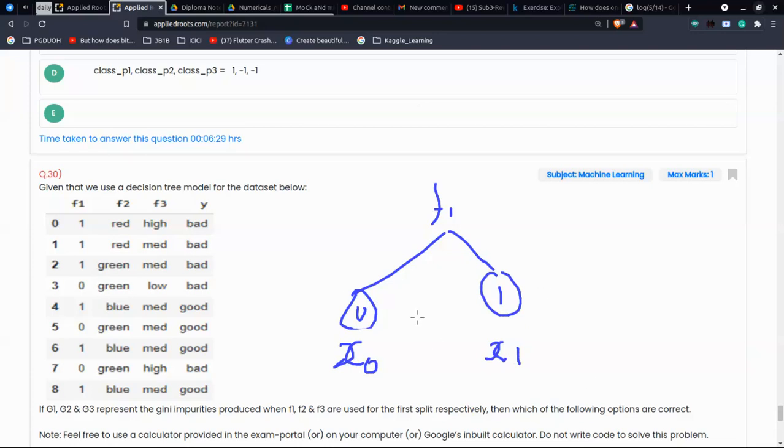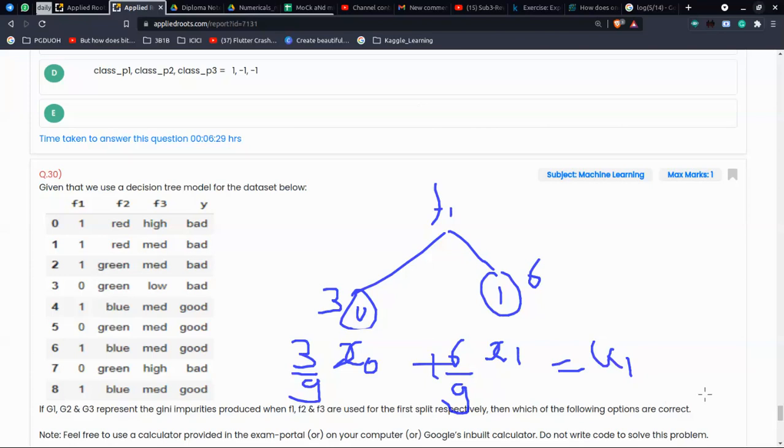Why is the weighted average important? Because I have just three data points here and six data points here, 1 2 3 4 5 6. Whatever impurity I am making here should be given higher weightage. I cannot simply take (x0 plus x1) divided by 2, no, I need to take the weighted average. So how to take it? We have calculated the Gini impurities x0 and x1, so it would be x0 times 3 by 9, the probability of the node, plus x1 times 6 by 9. If you take this, it would be nothing but my G1.